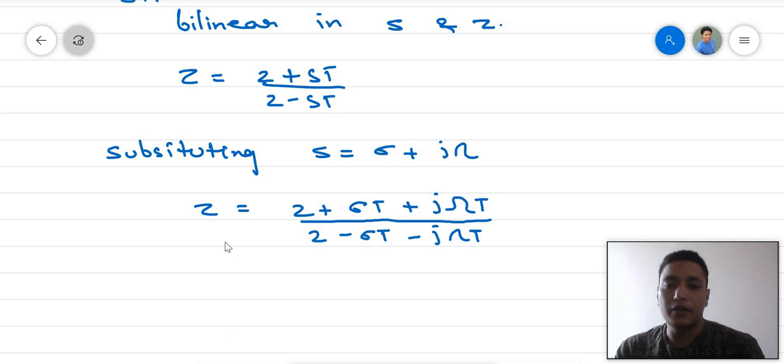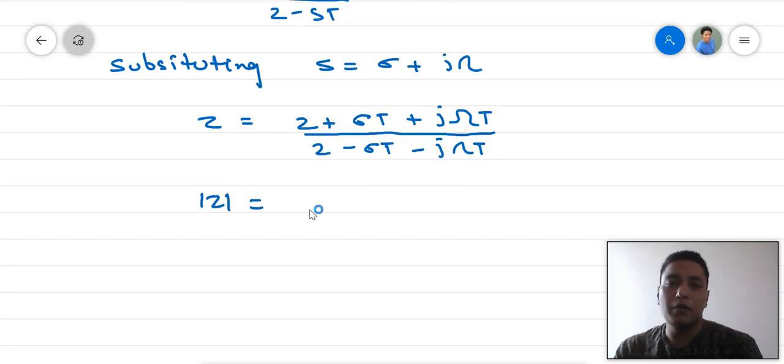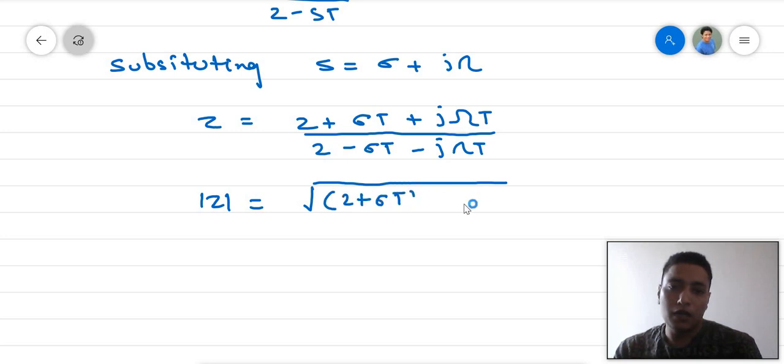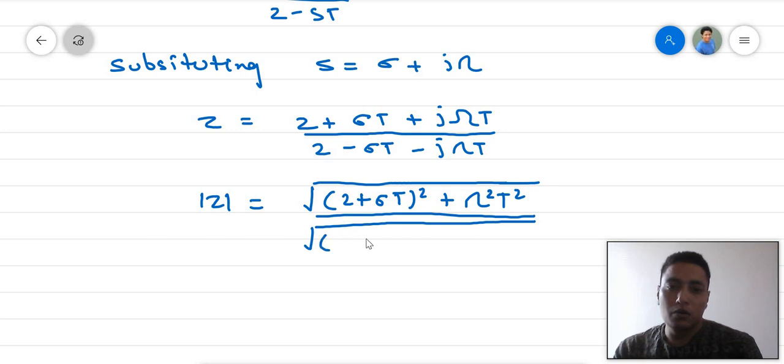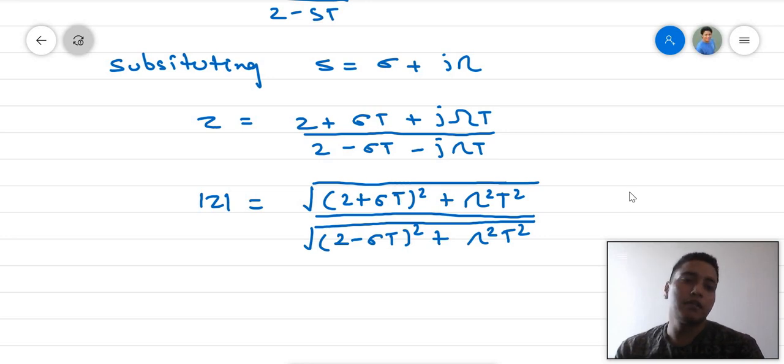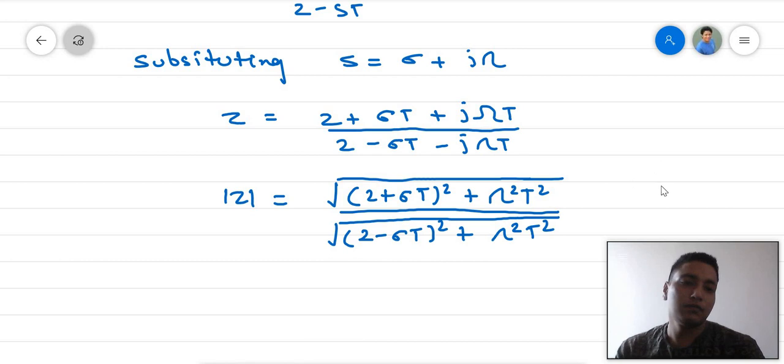Now if you find the magnitude of Z, it will be equal to the square root of (2 plus sigma T) whole square plus omega square T square, over (2 minus sigma T) whole square plus omega square T square. So we have obtained the relationship between Z and sigma and omega. We will call this equation C.